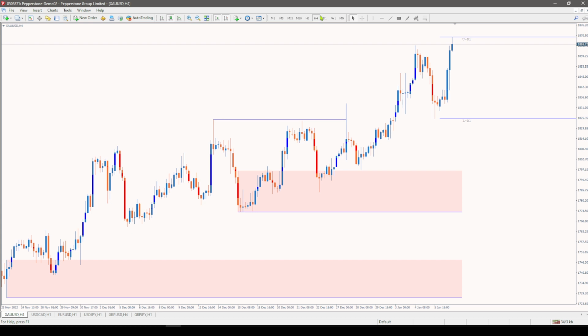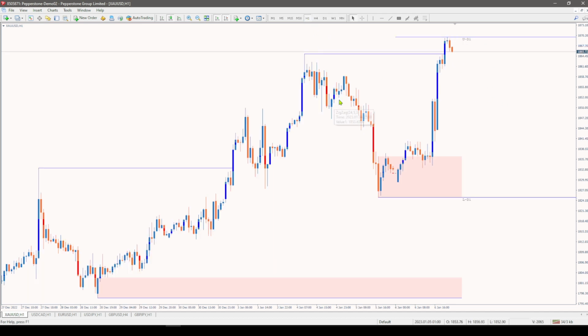Here you can see two zones again on H4, and you can see two lines. Those are the daily candle high and low, marked D1 and D1, meaning the daily candle high and low area. Then let's move to the 1 hour chart.